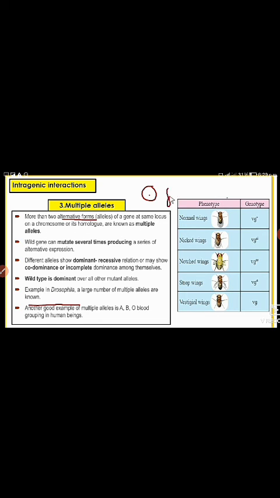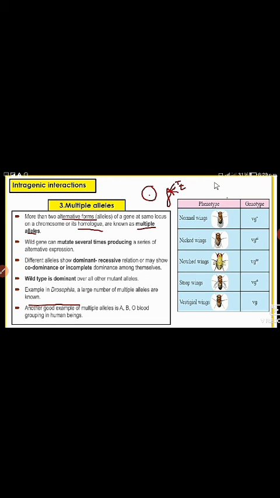Suppose in height, only tall and dwarf are produced, but in the case of multiple alleles on the same chromosome, at the same locus, more than 2 types are expressed: normal wings, nicked wings, notched wings, strap wings or vestigial wings, like this. It is called multiple alleles.